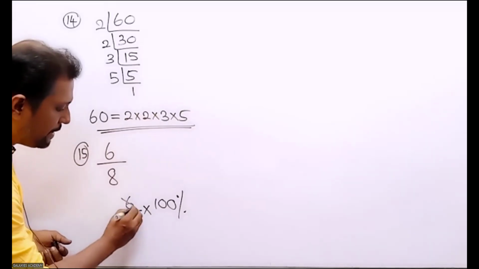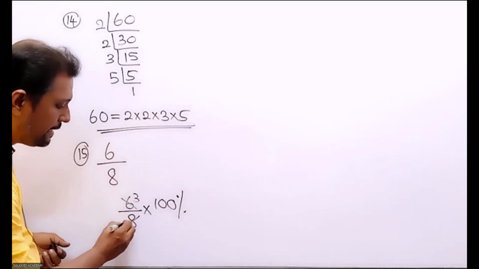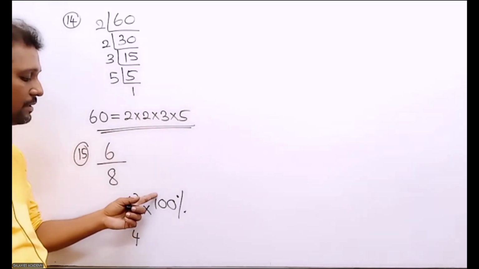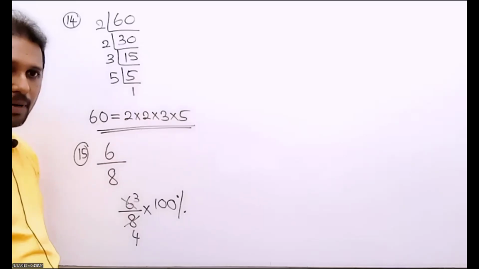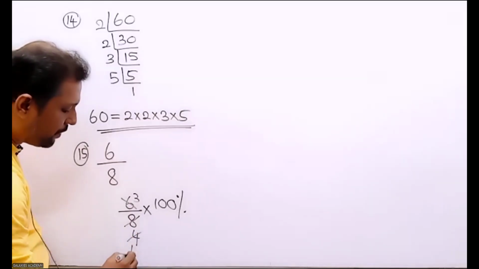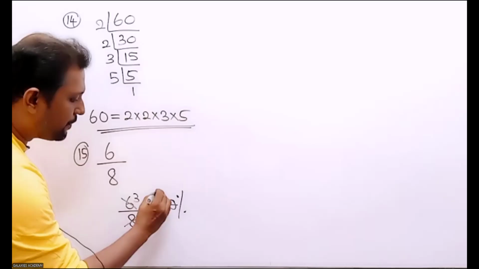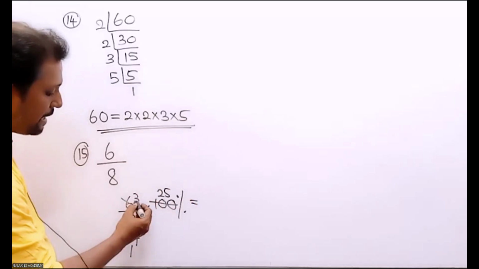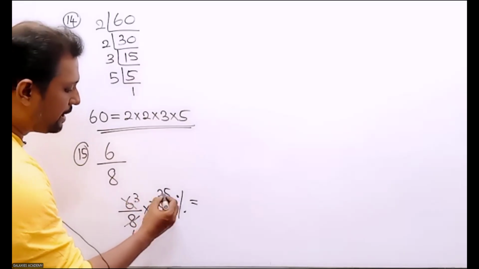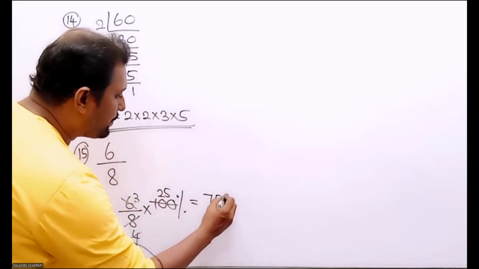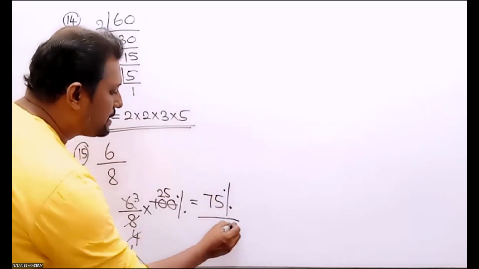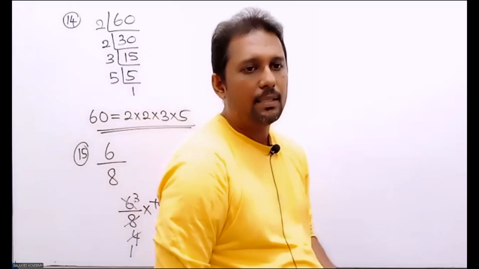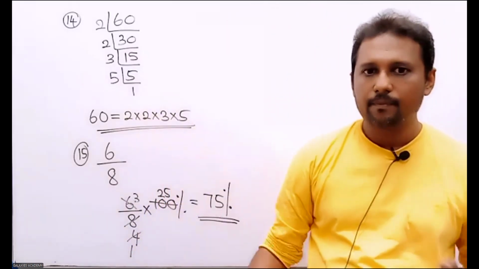Then 6 divided gives 3, 8 divided gives 4. Then again 4 and 100 you can divide by 4. 4 divided by 4 is 1, 100 divided by 4 is 25. We can't divide further. So you can multiply 3 and 25. 3 multiplied by 25 is 75. So what is the percentage? 75%.